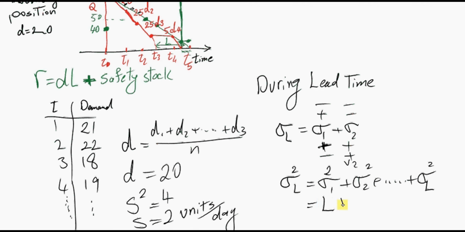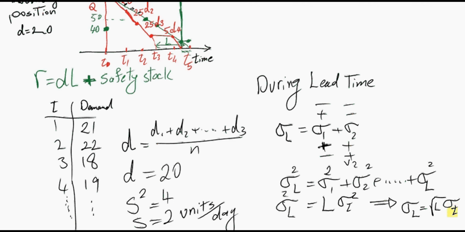Let's say if per unit of time the variance is sigma t to the power of 2, then the total variance during the lead time will be calculated based on this formula, or you can say that the standard deviation during the lead time is the square root of the lead time multiplied by the standard deviation per unit of time.